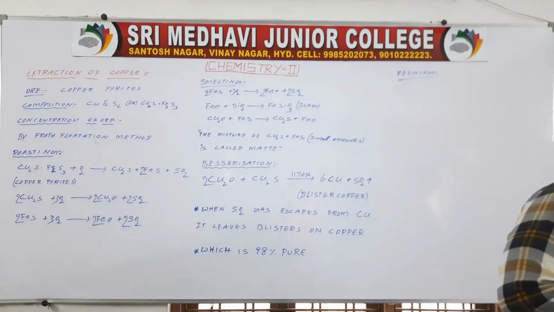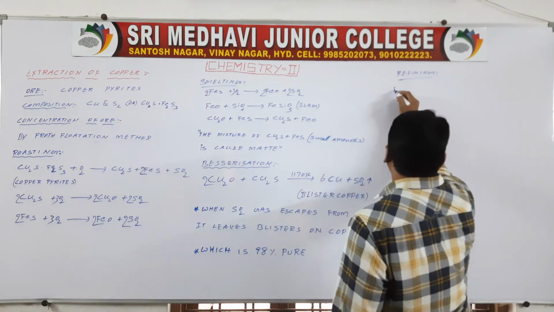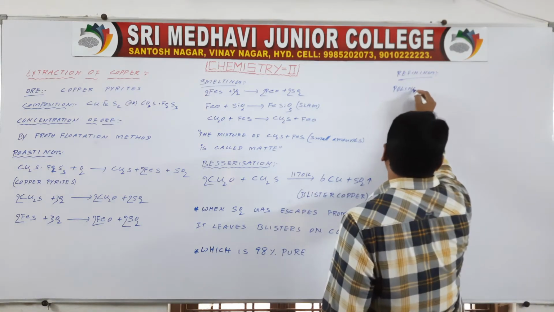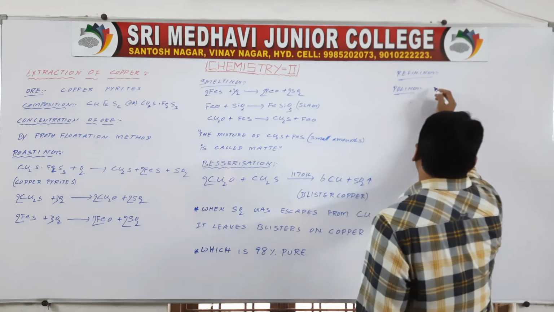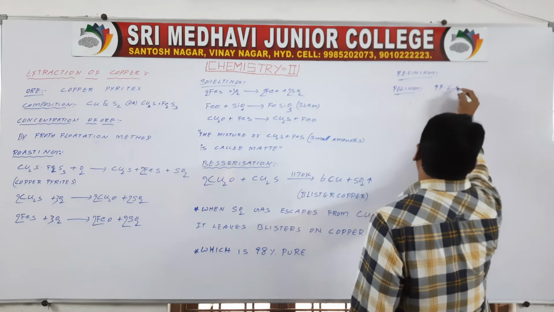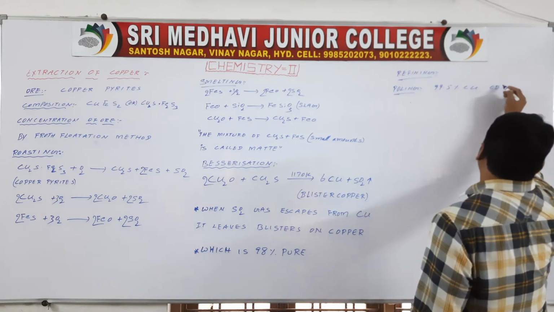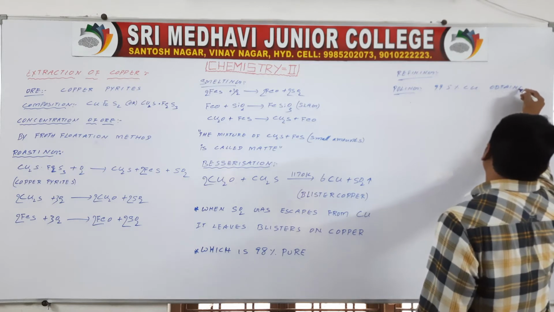In electrolytic refining, first we have to do poling. On poling, 99.5% copper is obtained.